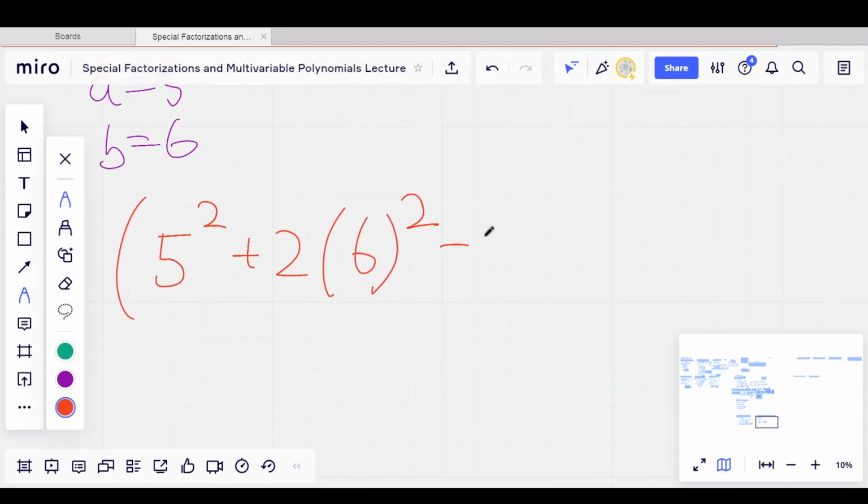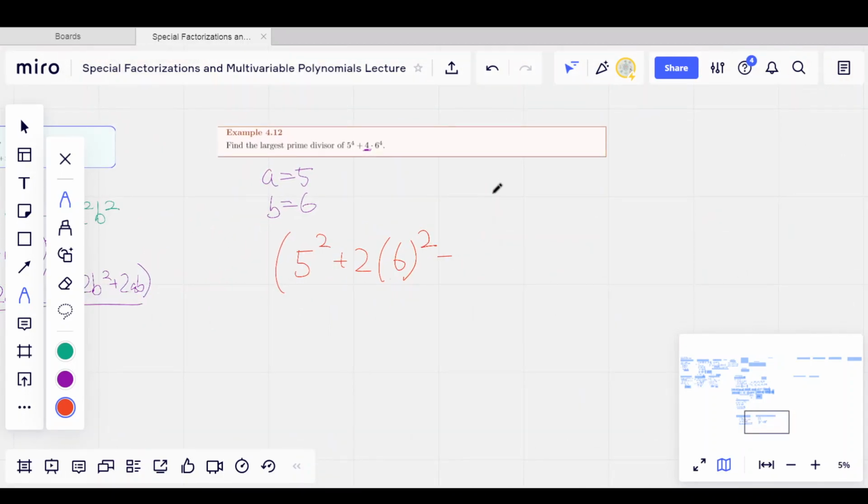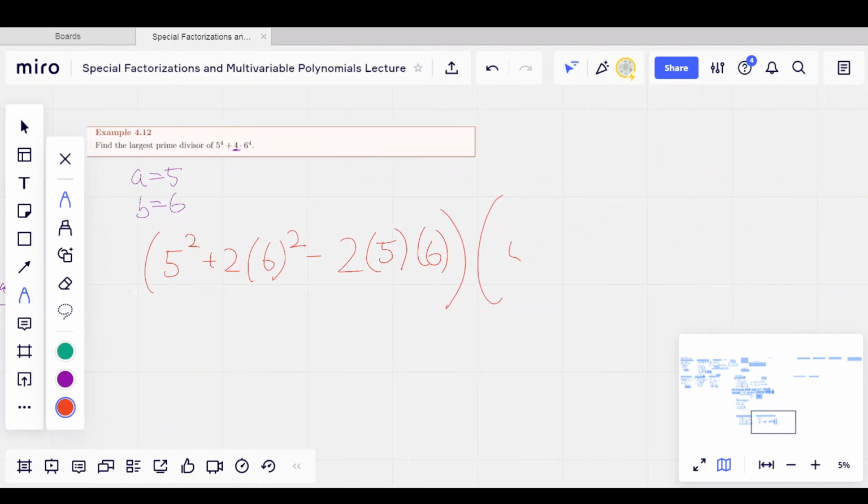Oops. I should zoom out. Times 5 squared plus 2 times 6 squared plus 2 times 5 times 6. Okay, so this is just Sophie-Germain.